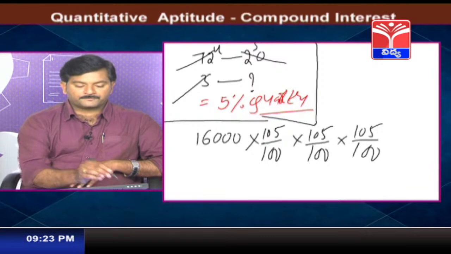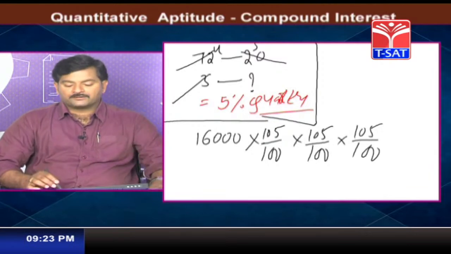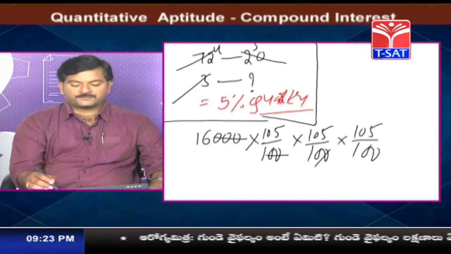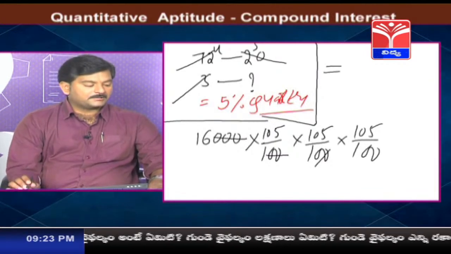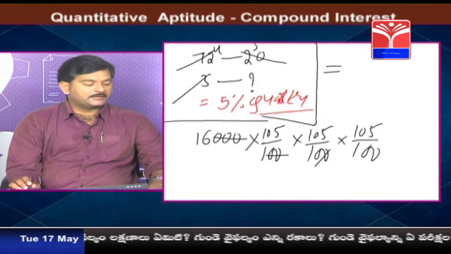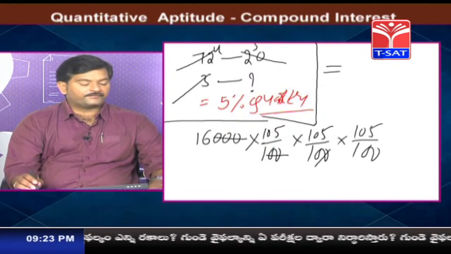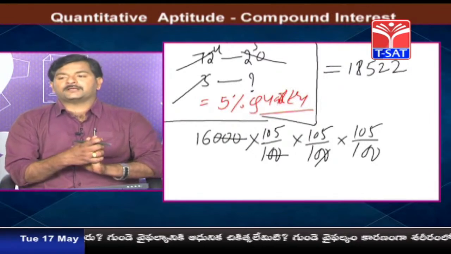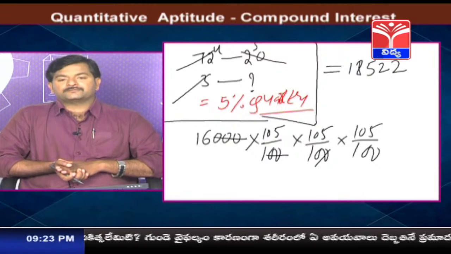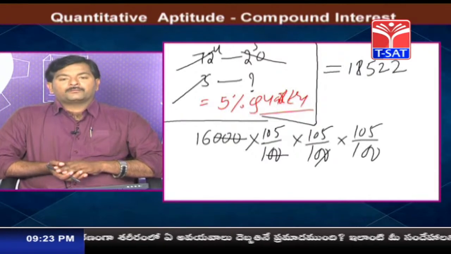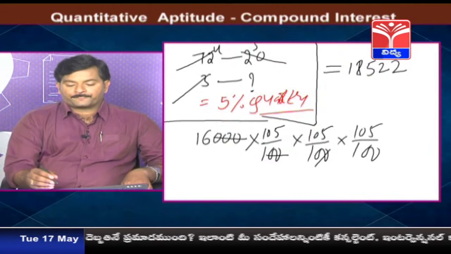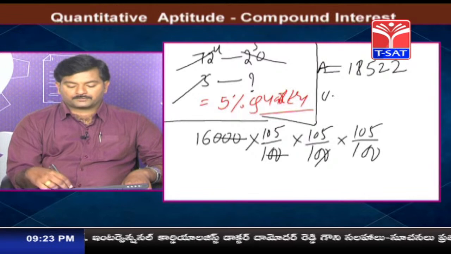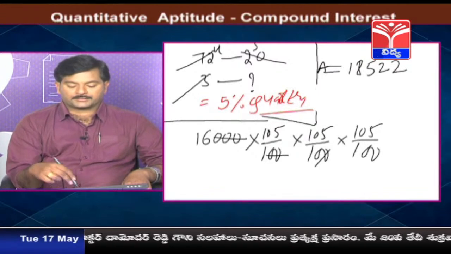So for simplification and calculation, the 3 zeros cancel. After simplification, you are getting the amount as 18,522. It's clear. 18,522 is the amount. But do we require the amount here? No, we require only the compound interest.